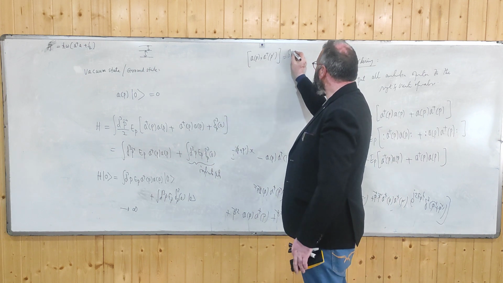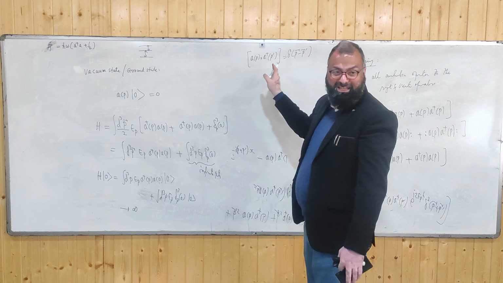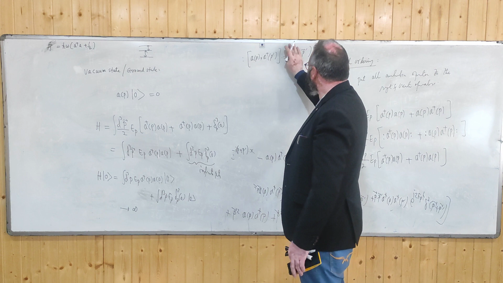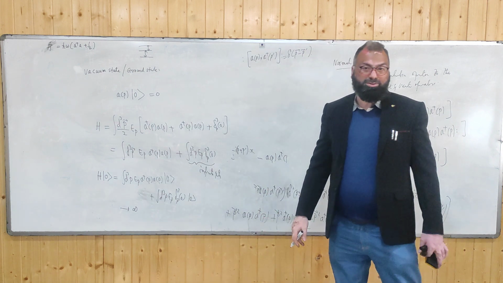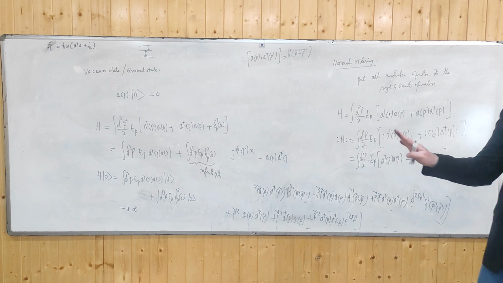So where does the infinite constant come from? From this delta function, clear? So simply when I normal order this object, you have to put this as 0. So a a dagger is the same as a dagger a, clear?